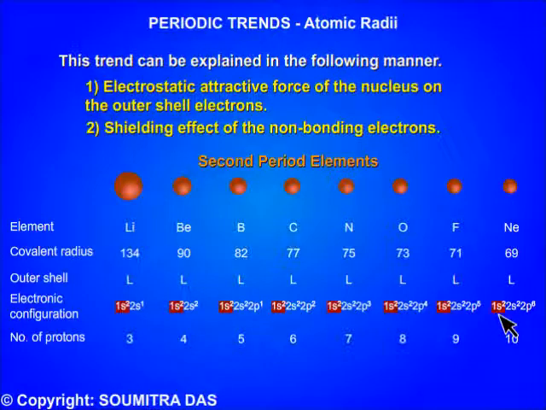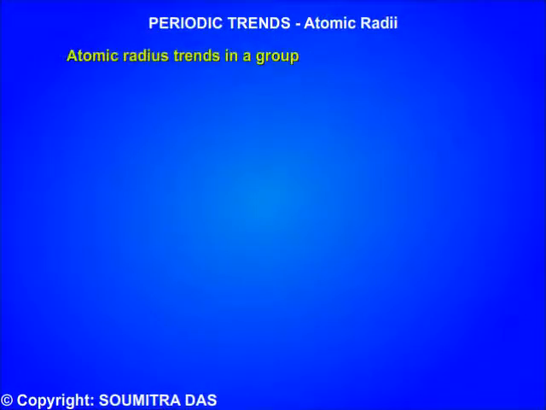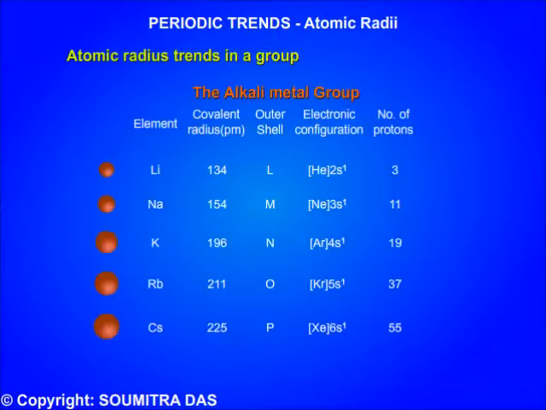So what do we see? We see that the shielding effect also remains constant. Only the number of protons increases by 1 unit as we move across a period. Therefore, the electrostatic attractive force on the outer shell increases and the atomic radius decreases as we move across. Now let us consider the atomic radius trends in a group, say the alkali metal group.